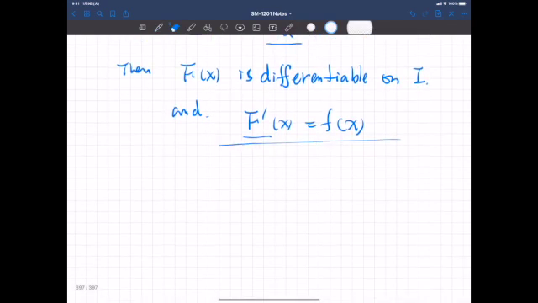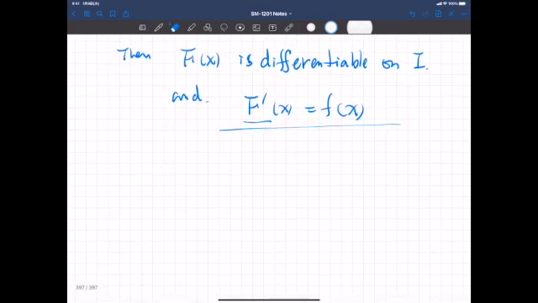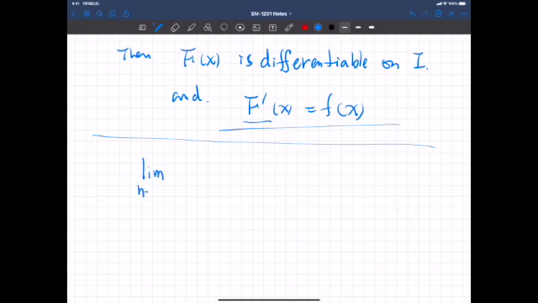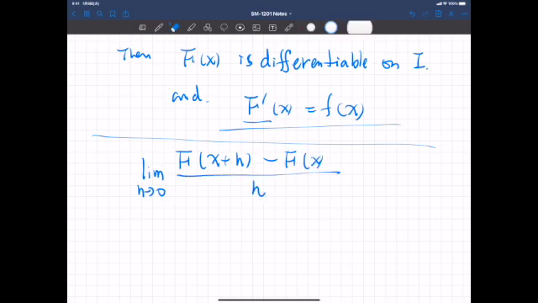Let's prove this theorem. So what we need to prove is actually this. Based on the definition of differentiation, F of x plus h minus F of x, over h, this limit should converge to lowercase f of x.